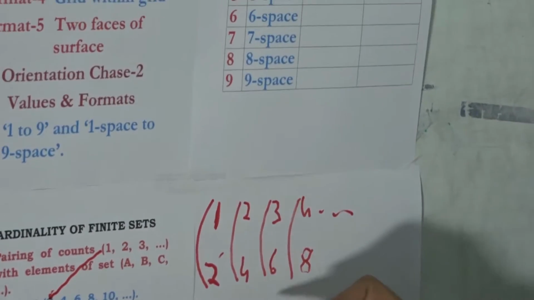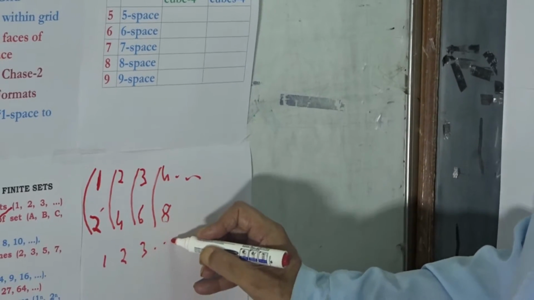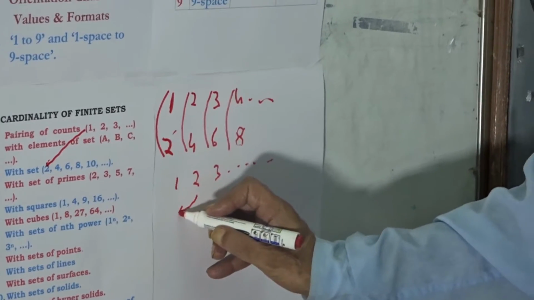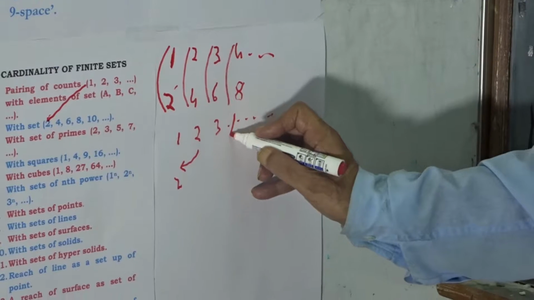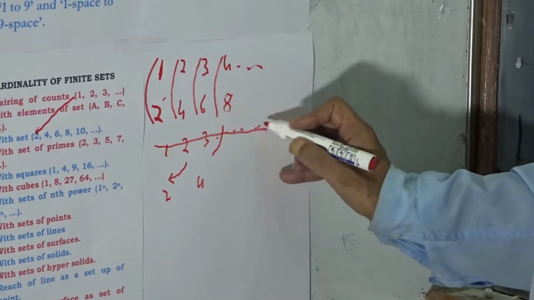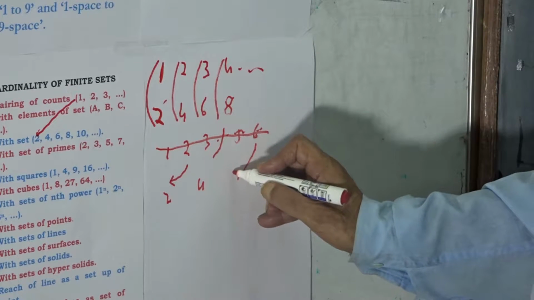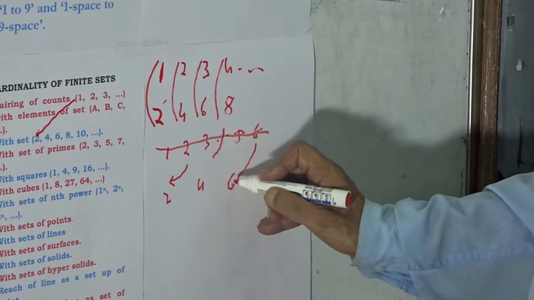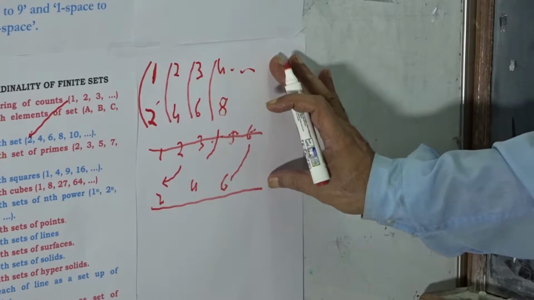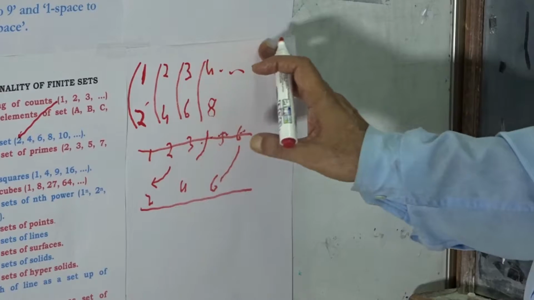This way we had seen that this set 1, 2, 3, dash, dash, dash is in fact coordinating with its subset. So even numbers are making a subset of the counts, and the subset of even numbers appears to have become equal to the counts 1, 2, 3, 4 itself.